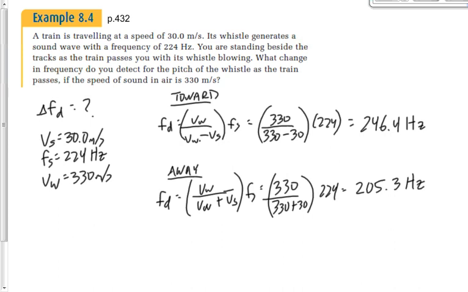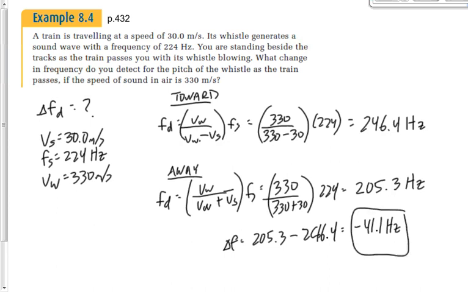It's going to be a lower pitch than the actual pitch as it's going away from us. We want to find the change in frequency. We're just going to subtract those two now. 205.3 minus 246.4. Change in frequency was a drop of 41.1 hertz. That's okay?